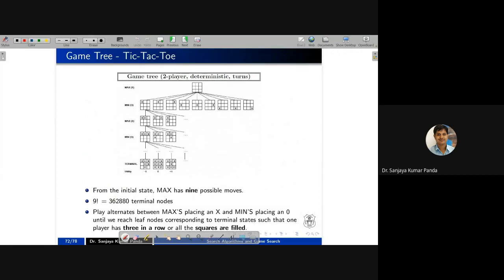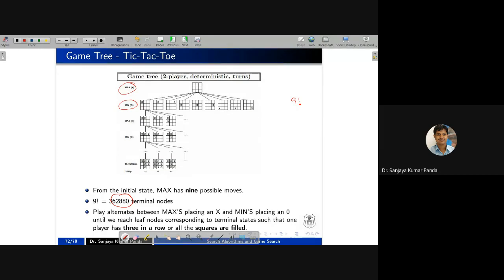See this example of tic-tac-toe, which we usually play. Suppose max's symbol is X and min's symbol is O. If max initiates first, it can put a cross in any position, and there are 9 different positions. If you calculate 9 factorial, it is 3,62,880 terminal nodes, which is very high.